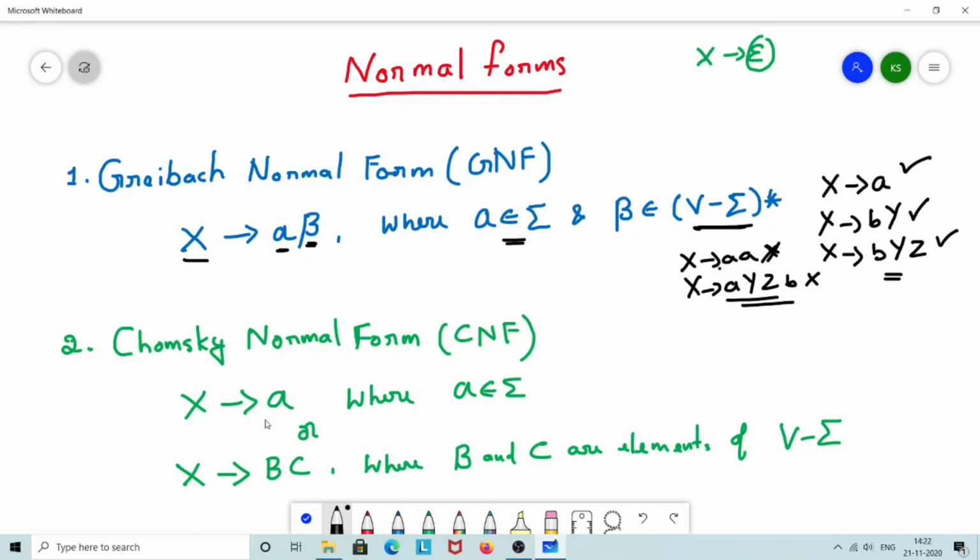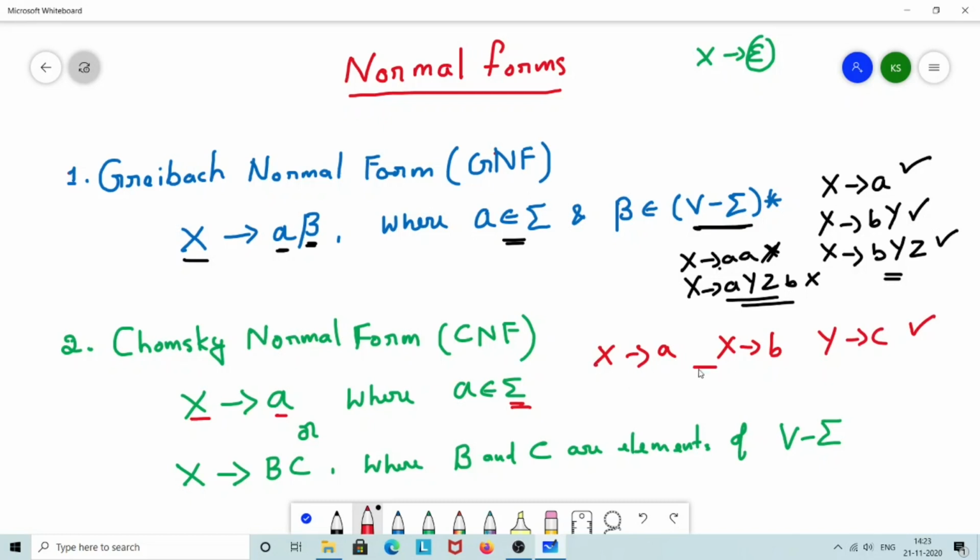Either it should give a single terminal, that is X gives a, where a belongs to sigma. That means it's a terminal, right? So a rule like X gives a, or X gives b, or Y gives c is totally valid as per Chomsky normal form.